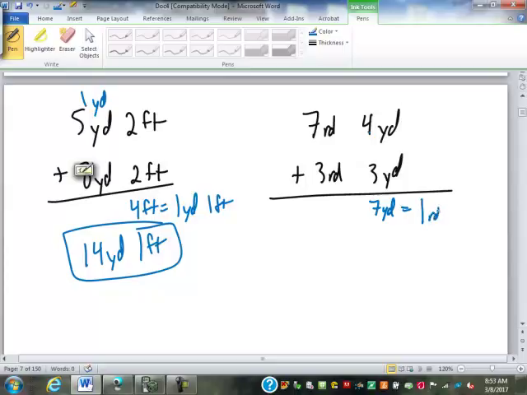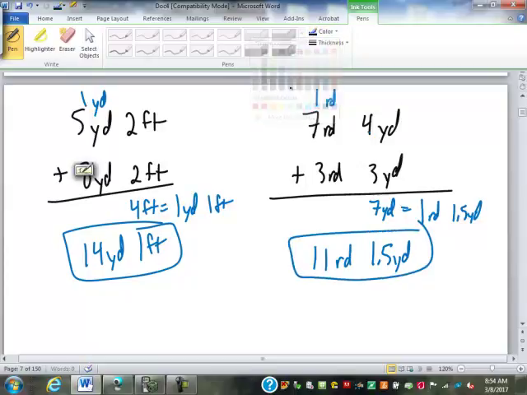So we've got 1 rod. Take out 5.5, we've got 1.5 yards left. So we're going to keep the 1.5 yards, and we're going to carry the rod. 1 and 7 and 3 makes 11 rods. So 11 rods, 1.5 yards. Not so bad? Not so bad. Good.